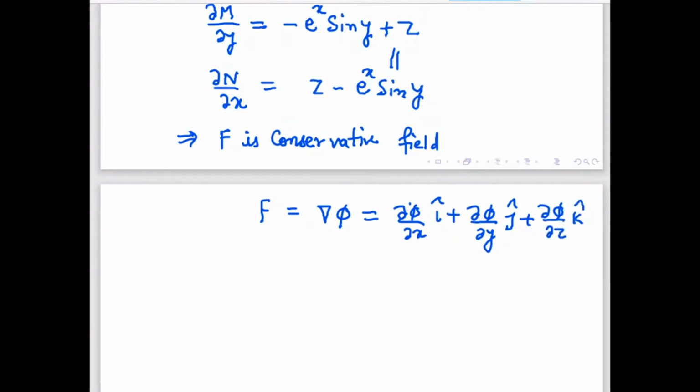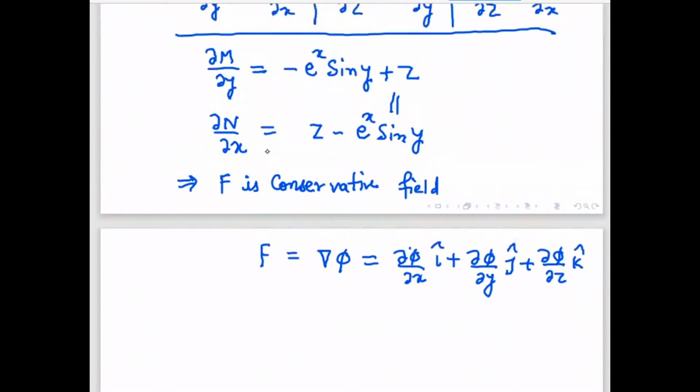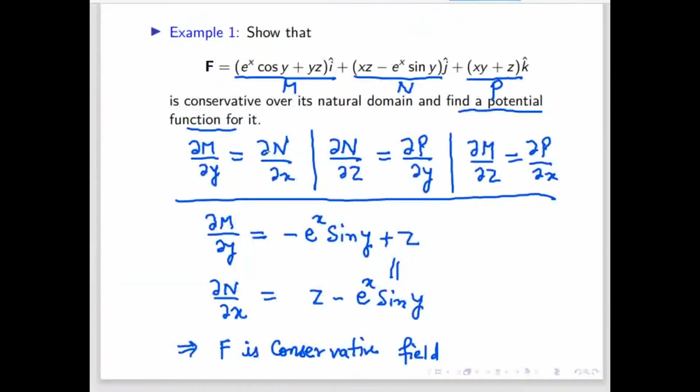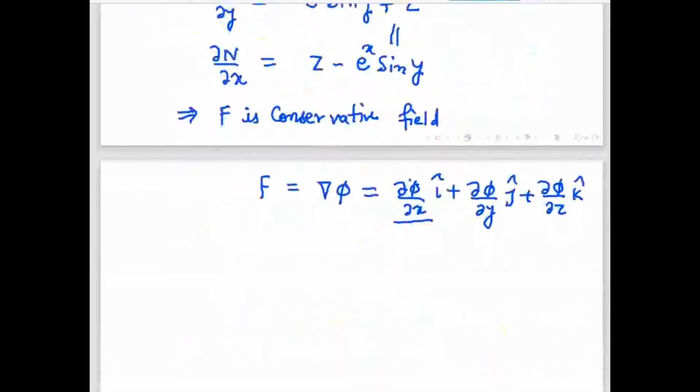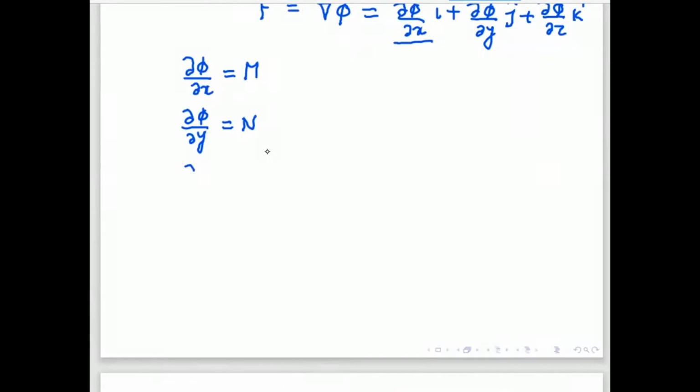So now I will compare this with F. The ith component here is del phi by del x. In F, the ith component is M. So comparing both sides, you will get del phi by del x equal to M, del phi by del y equal to N, and del phi by del z equal to P.